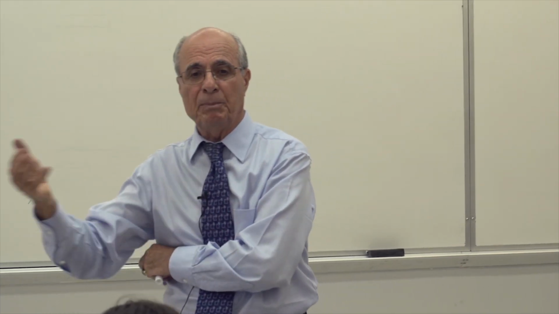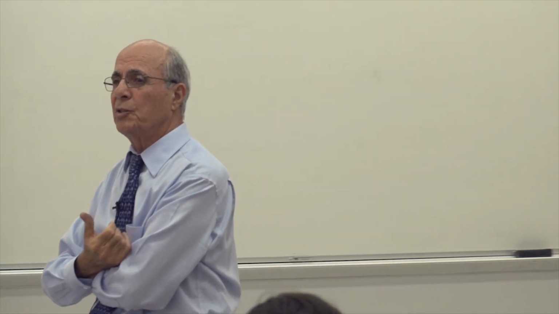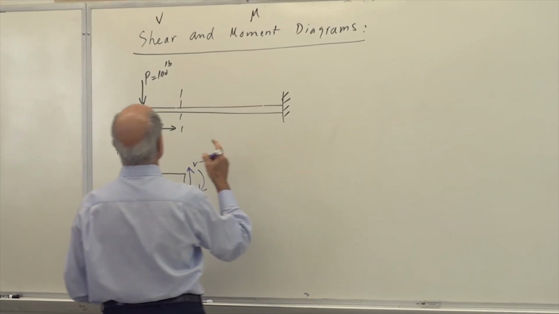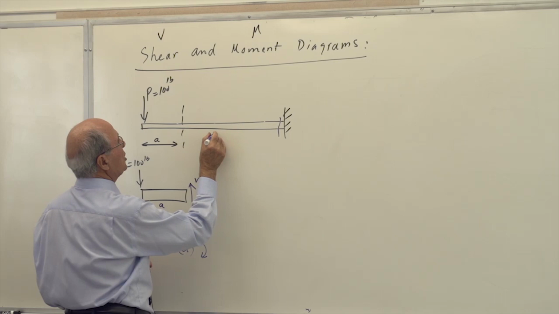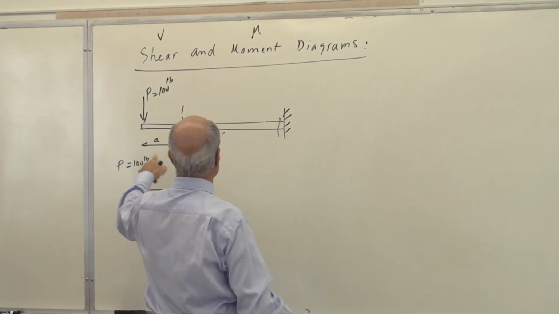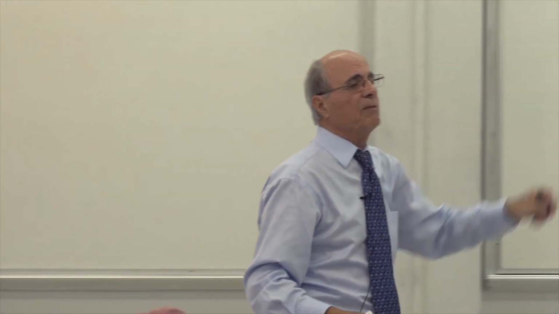At the middle of the beam, the beginning of the beam, or at the support? At the support. Is that understood what I'm saying? So therefore, this is a simple case. If I want to design this beam, because the moment here is P, let's say the length of this beam is 6 feet, the moment here is not P times A. The moment here is P times 6 feet, because it's the largest value of M.